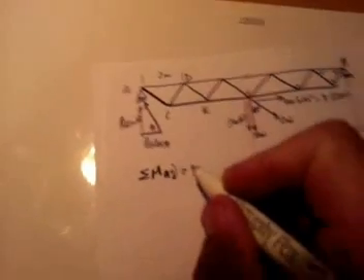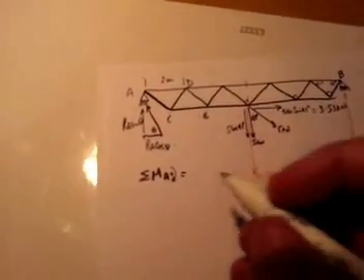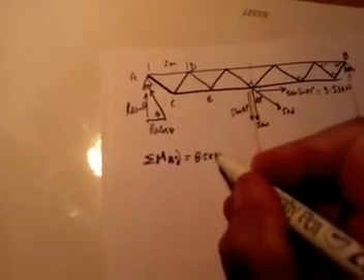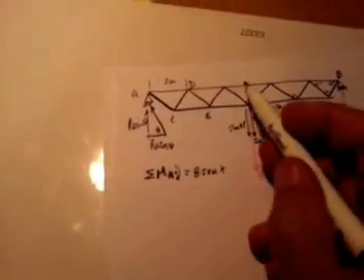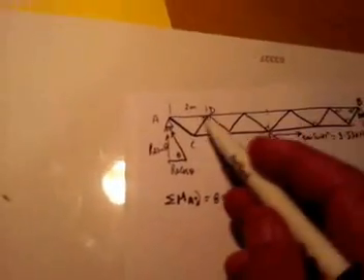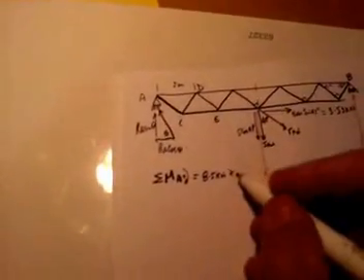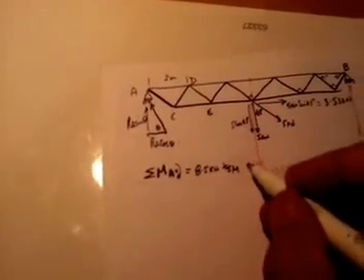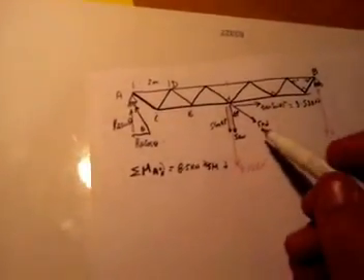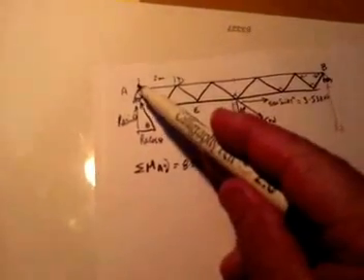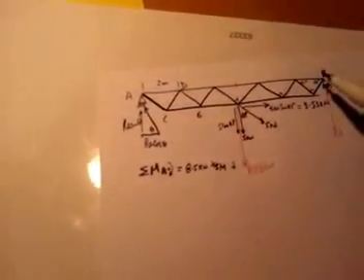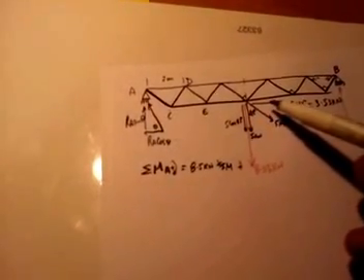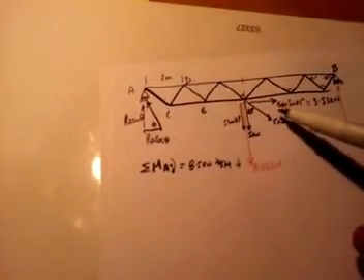And we're going to get the 8.53 kilonewton force multiplied by this distance here. We've been told that's 2 meters, so it's 5 meters. And plus, we've got some moments about A. We've got this force here, which is the horizontal component of that angular force, the 5 kilonewtons.